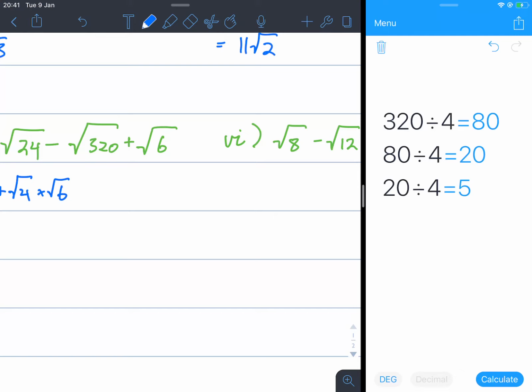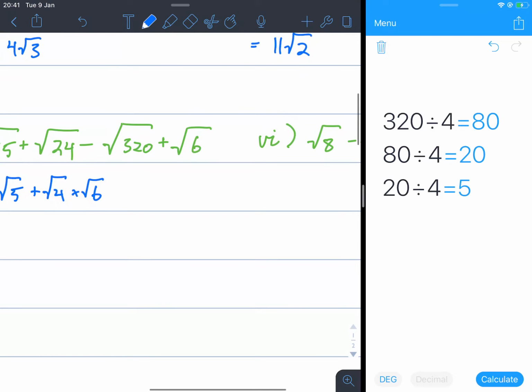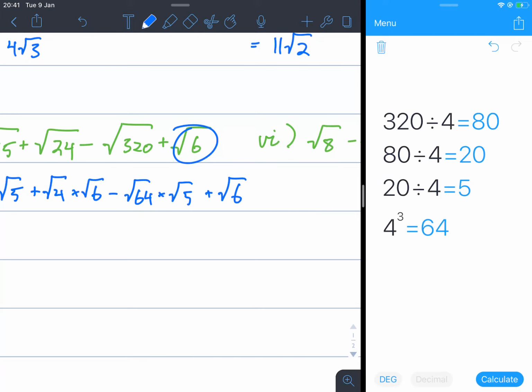So it's going to be root 4, root 4, root 4. This will simplify into 4 times 4 times 4, which is 64. So 320 is negative root 64 times root 5 plus root 6 here on the end.